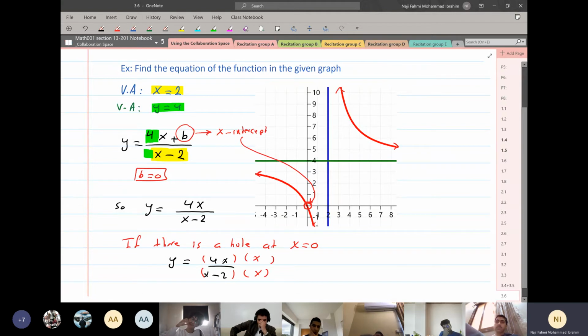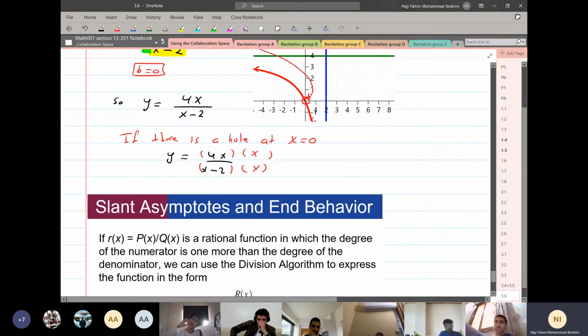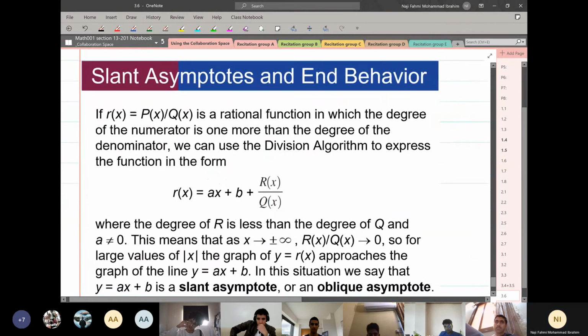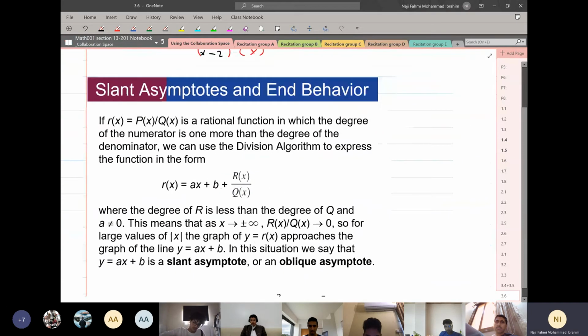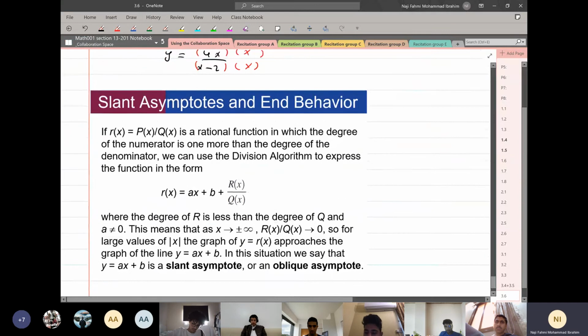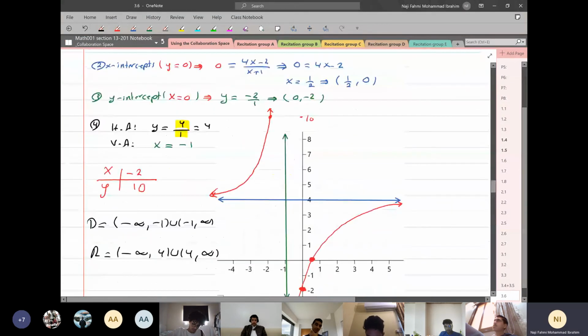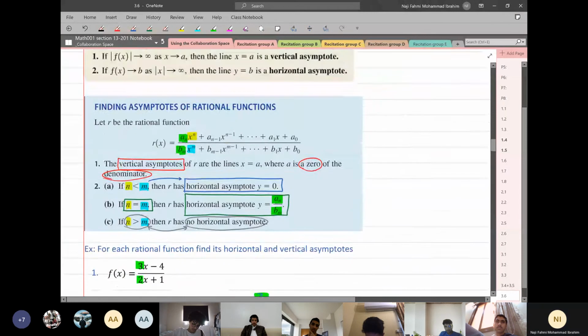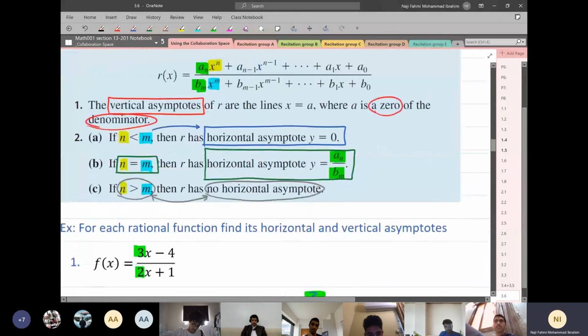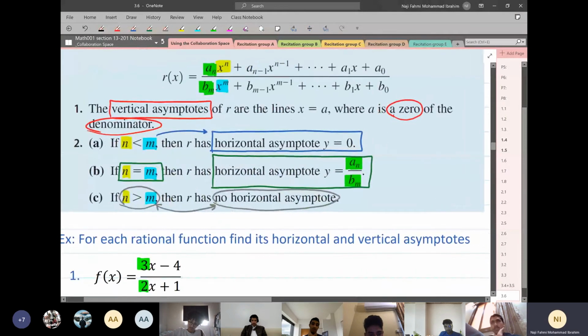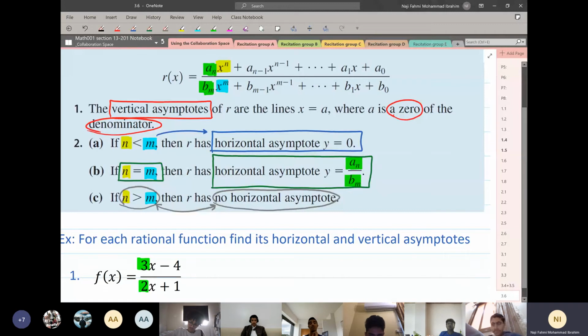I'll proceed now to the last part of this section, which is something called the slant asymptote. Do you remember we said for the horizontal asymptote we have 3 cases? If we read the third case, part C: if the degree of the numerator is greater than the denominator, what do we have?